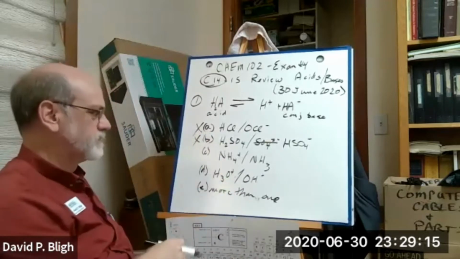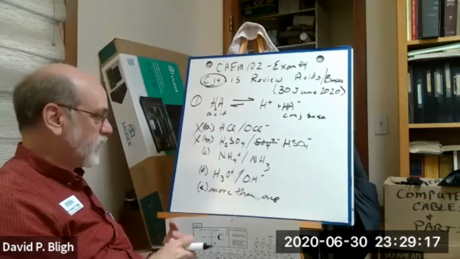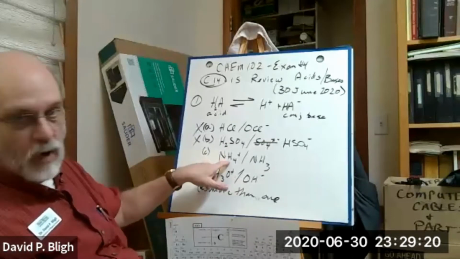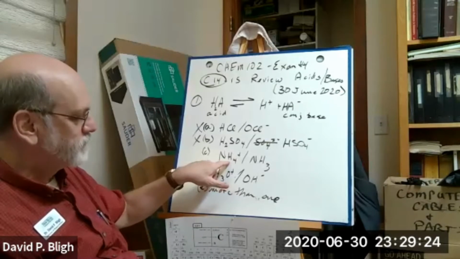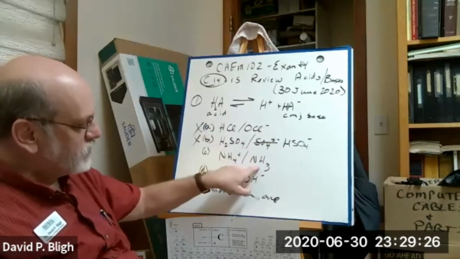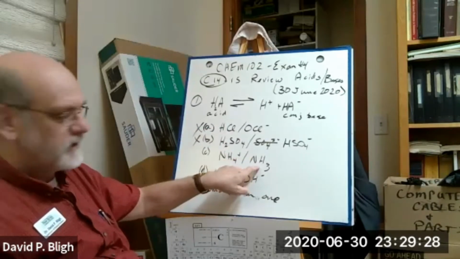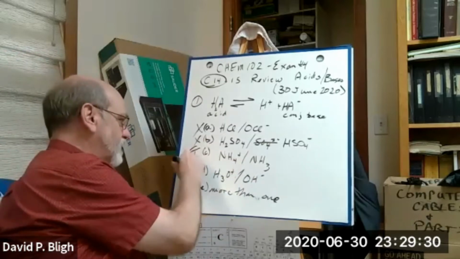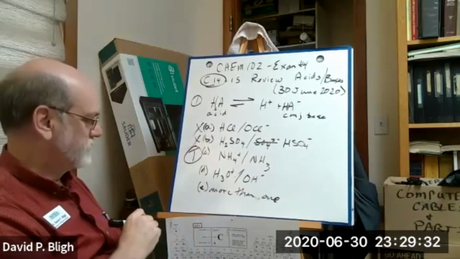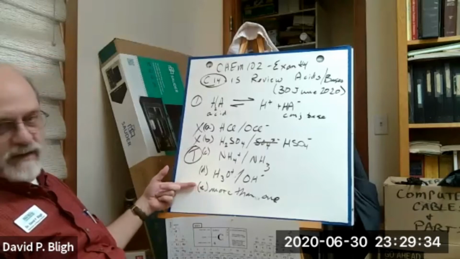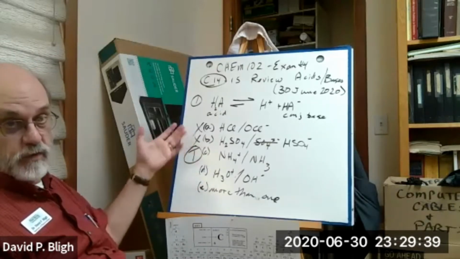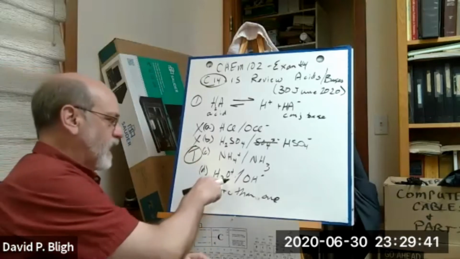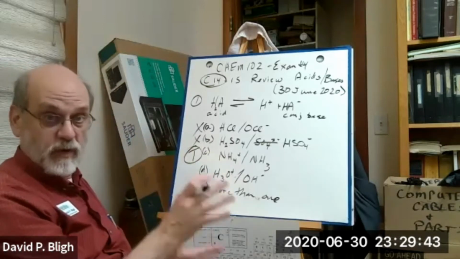How about this one? Well, ammonium ion has a proton that can dissociate, and when it does, it gives you this conjugate base. That's true. But since E says more than 1, we have to go to the next one and be sure either it's true or false. All right, so the hydronium ion can lose a proton, right?